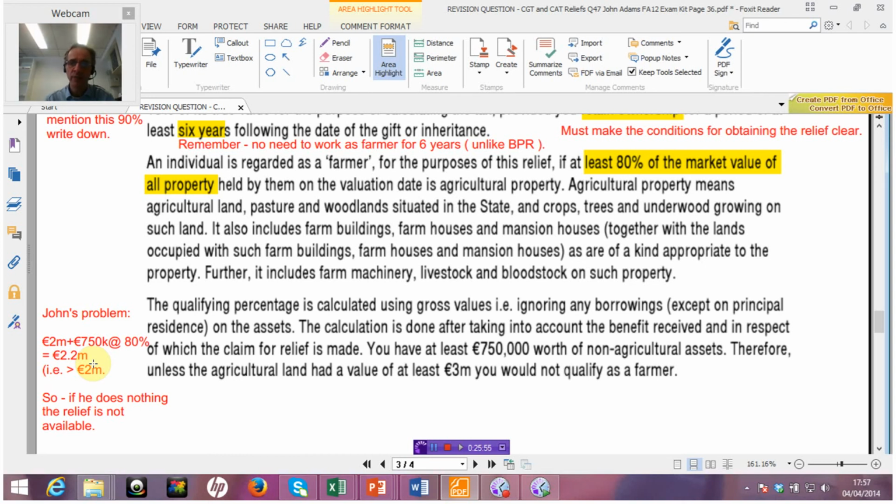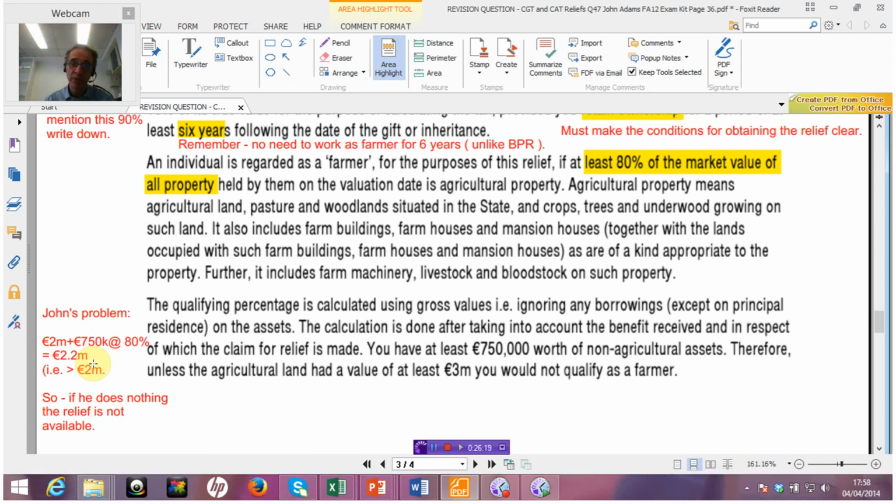Now, before I talk about possible options for him, I'll draw your attention to the fact that there's just one slight twist with this farmer test and the 80% rule, and that's if we had a principal private residence. In other words, if John owned a PPR on which there was a mortgage, the Revenue kindly allow him to deduct any mortgage from that. But that's really the only thing that can be deducted.